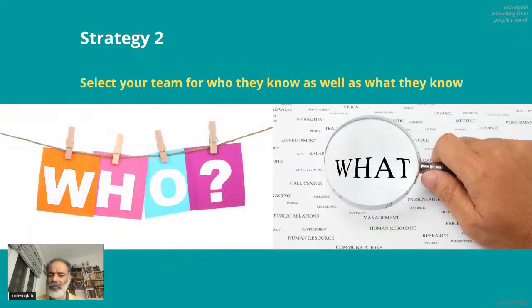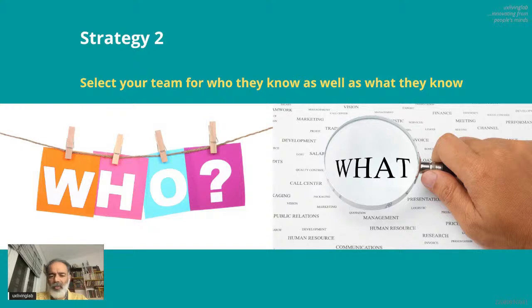Then strategy 2, select your team for who they know as well as what they know. Actually, people should be well connected. That is the importance of this strategy.